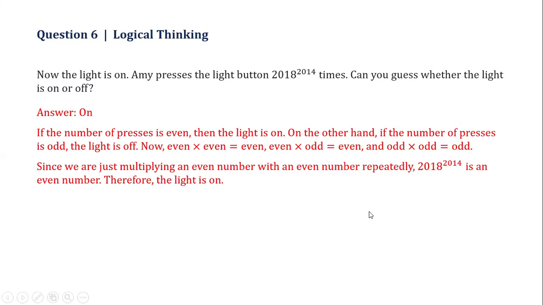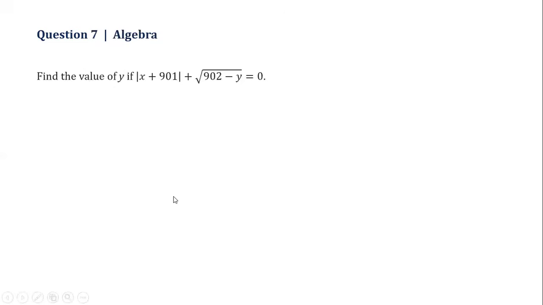So I made a mistake again. Sorry. So I'll just use this to explain. If it's even, then the light should be on. And if, wait, where is question 6? Wait.